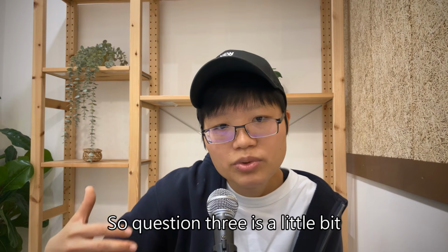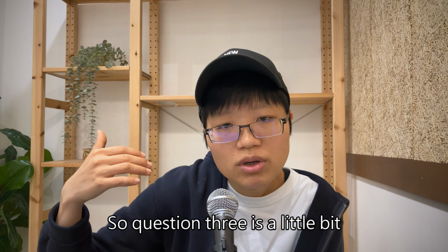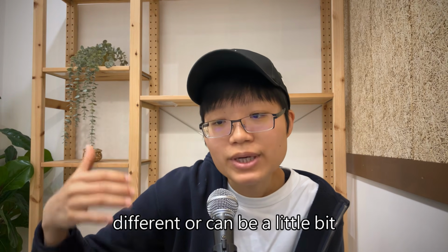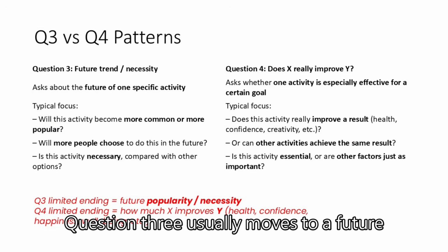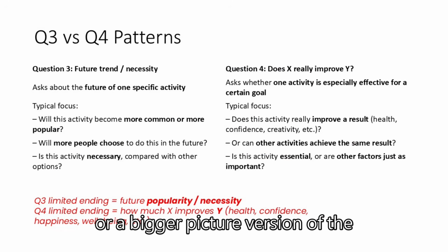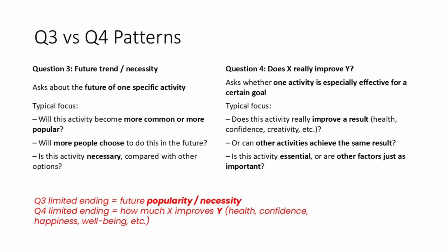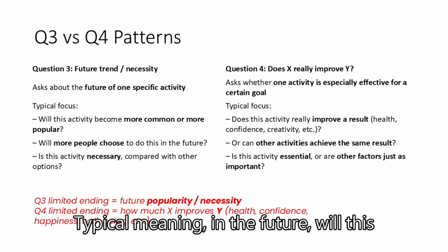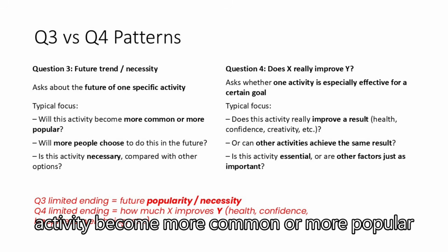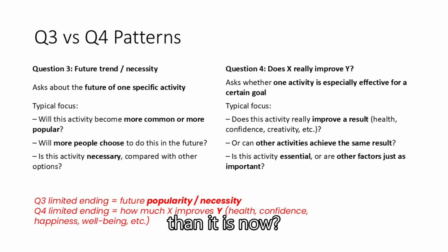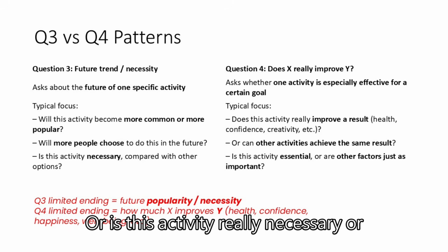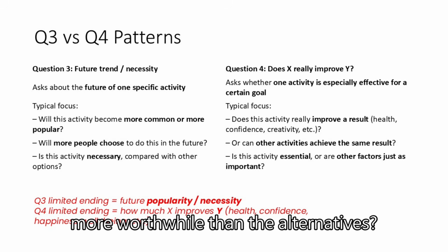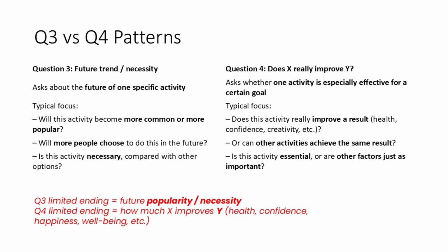So question 3 is a little bit different, or can be a little bit different. Question 3 usually moves to a future or a bigger picture version of the topic. Typical meaning: in the future, will this activity become more common or more popular than it is now? Or is this activity really necessary or more worthwhile than the alternatives?